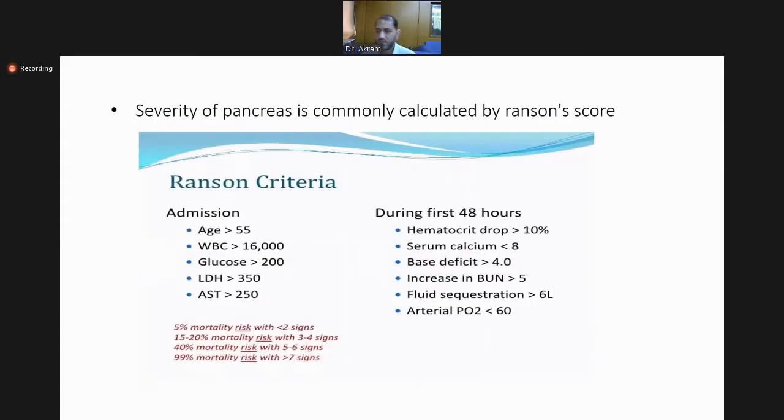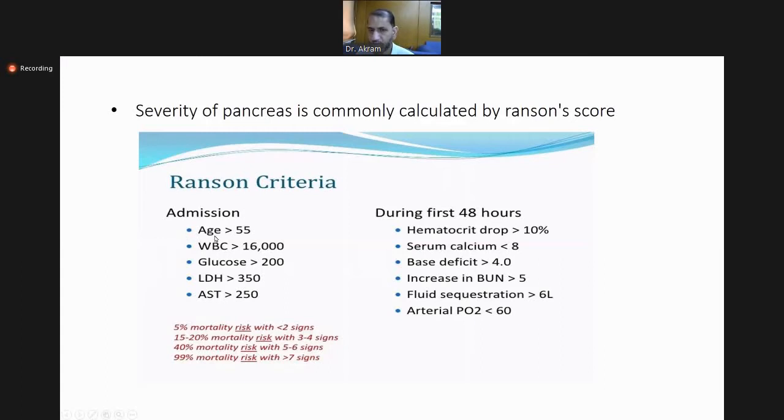How do you assess the severity of acute pancreatitis? The most commonly used system is the Ransom criteria. In the Ransom criteria at the first 48 hours, look for the age.